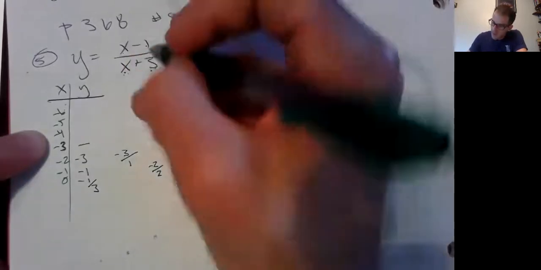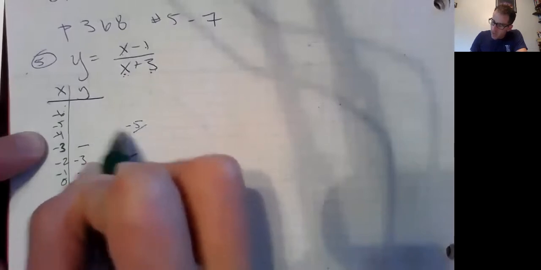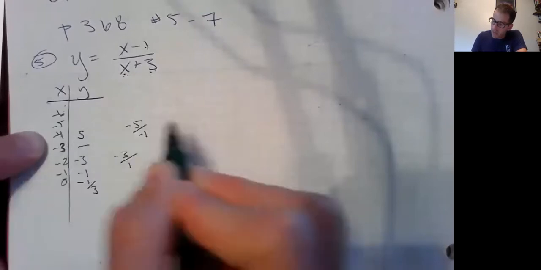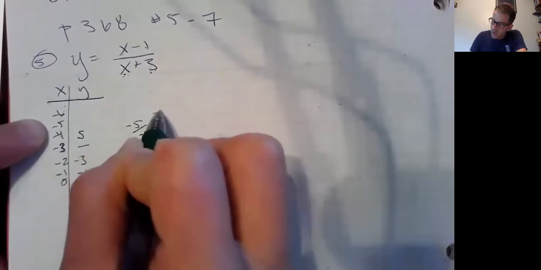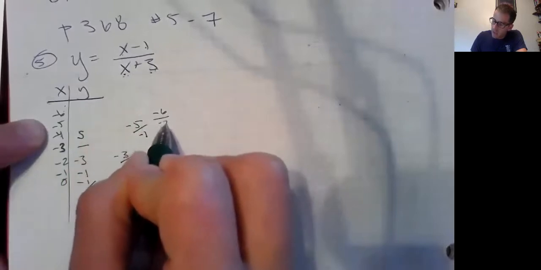Let's plug in -4. -4 take away 1 is -5, -4 plus 3 is -1, so that simplifies to +5. -5 take away 1 is -6, -5 plus 3 is -2.